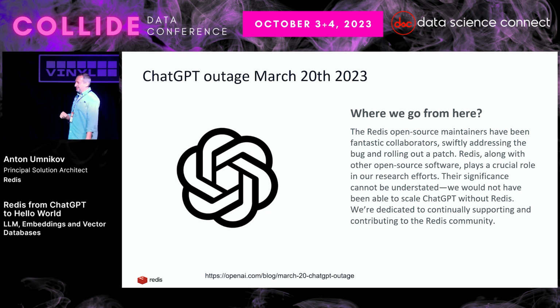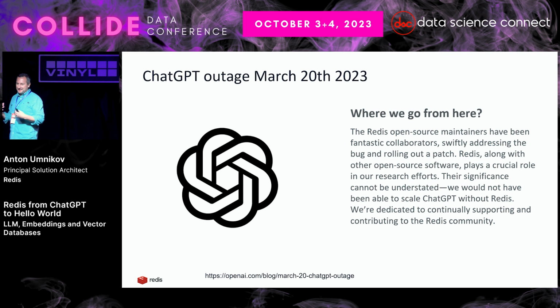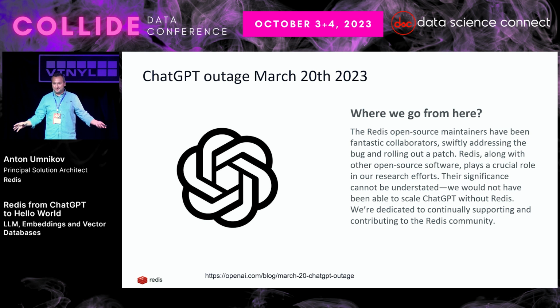It's kind of weird to bring up an outage as a bragging point for a database vendor, but what actually happened in March 2023, ChatGPT had a worldwide outage. And the nature of the outage was that customers would start seeing, under some weird circumstances, conversations by other customers. We are the vendor of Redis.